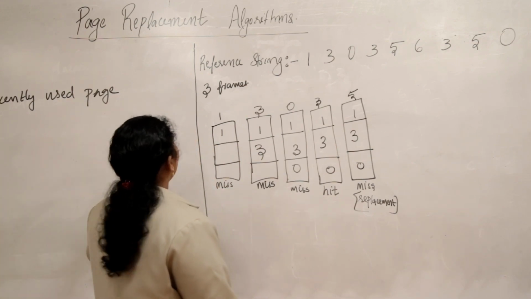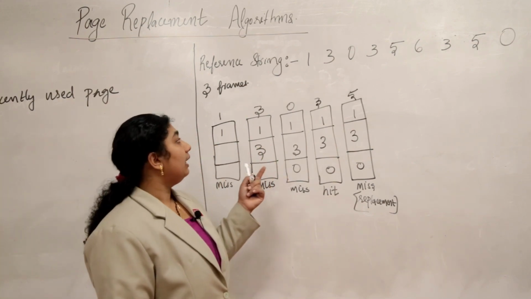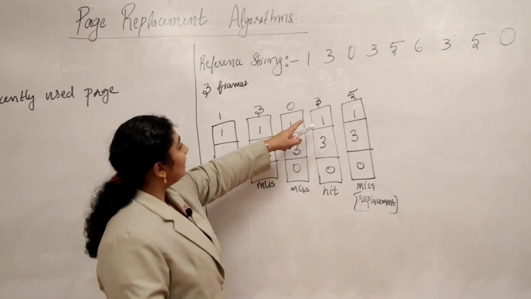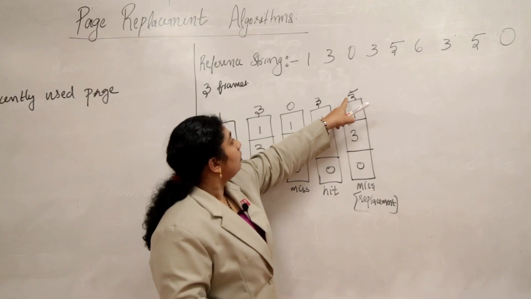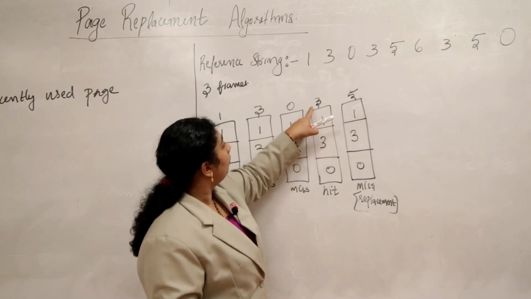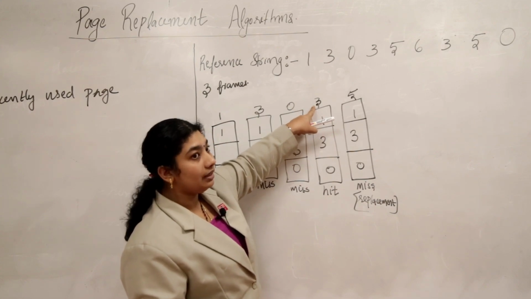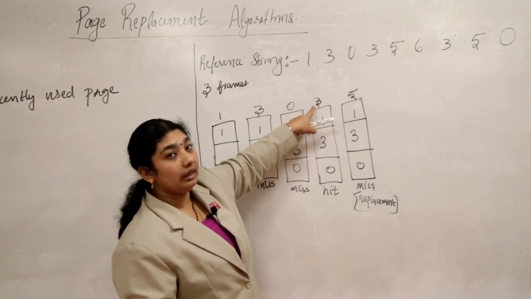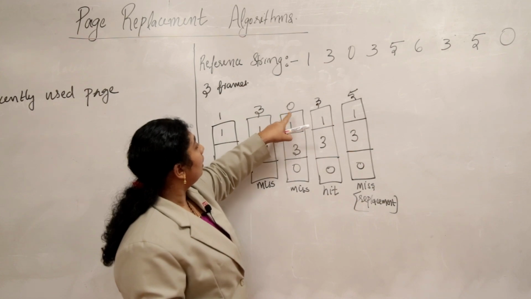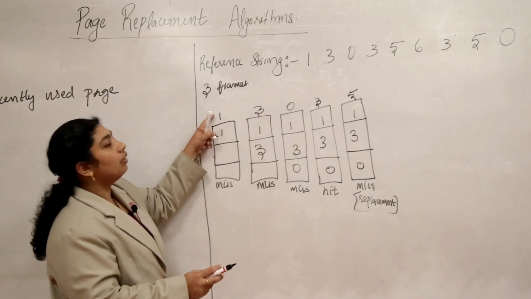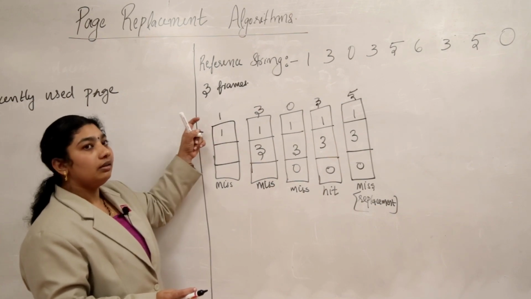In LRU, the least recently used page will be replaced. Which is the least recently used page? This is the current request. The previous request was 3. It is the recently used page. This one is the next recently used page. So the least recently used page will come to the left side.